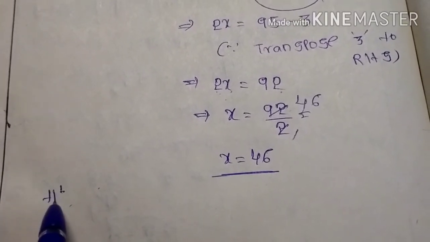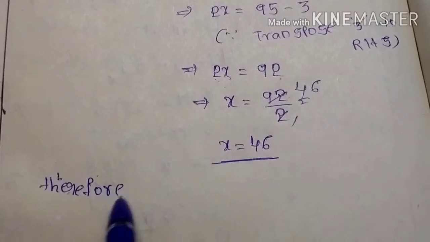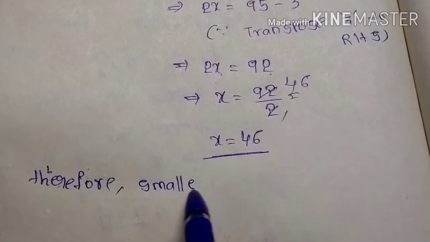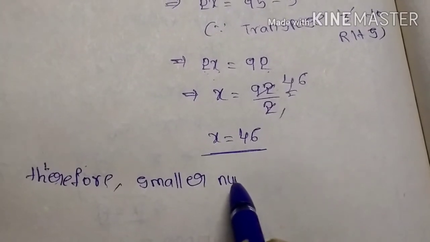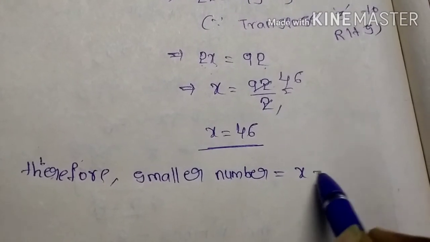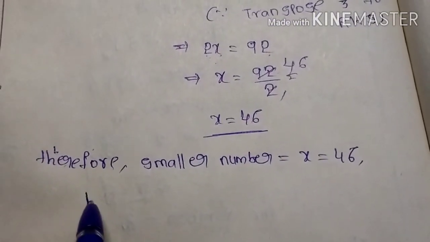Therefore, you can write here, smaller number is how much? Is equal to x is equal to 46. Next, you can write here bigger number.